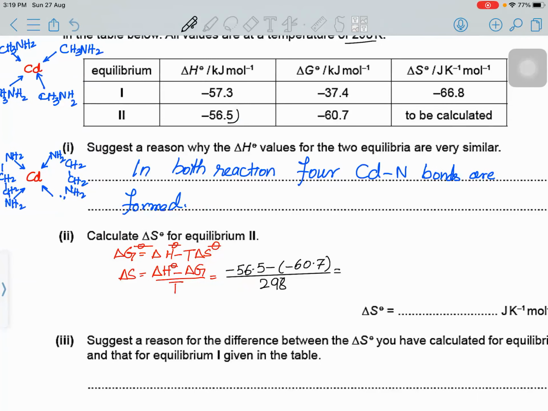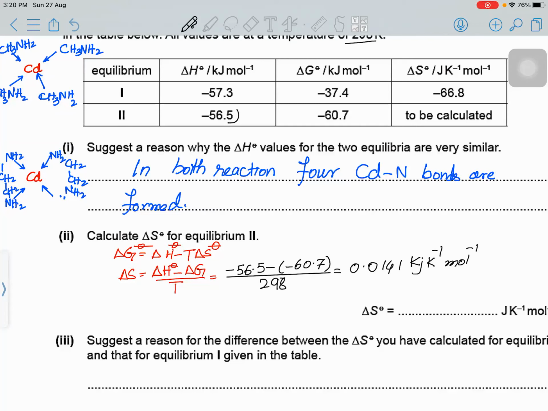Mine is 0.014... 0.141. This is kilojoule per Kelvin per mole, but you need it in joules.